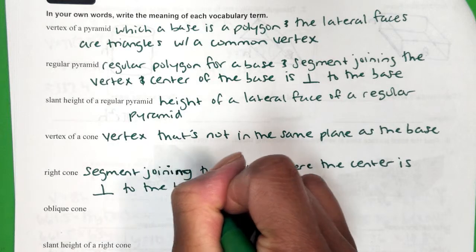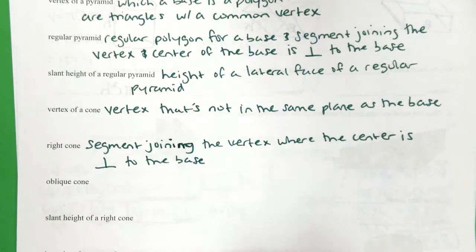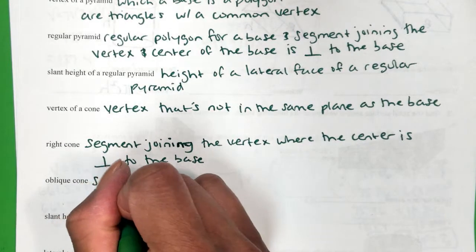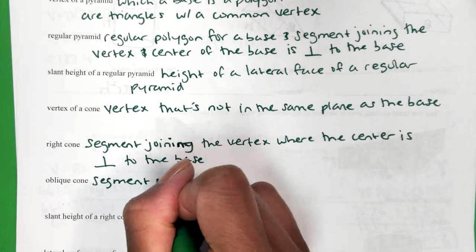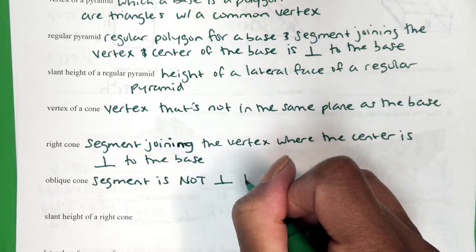So very similar to a regular pyramid. An oblique cone is where the segment is not perpendicular to the base.